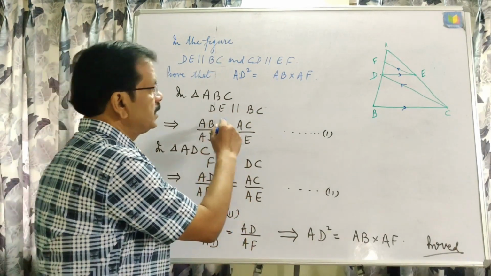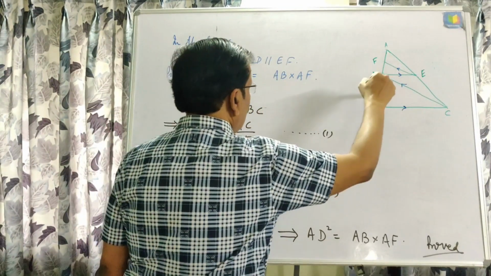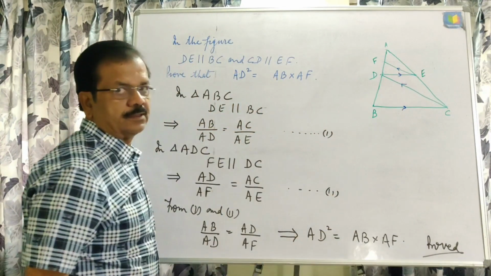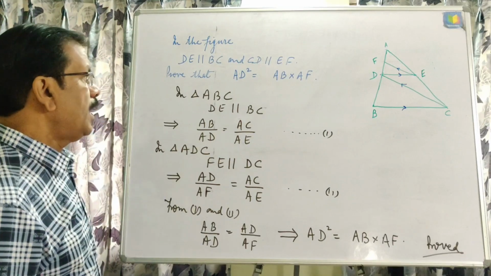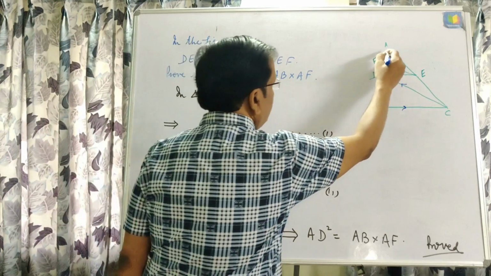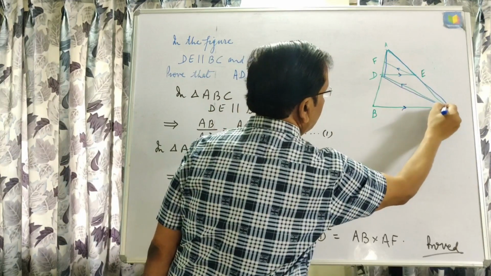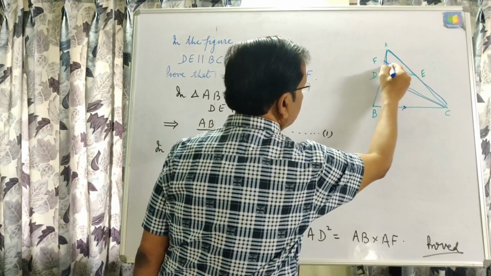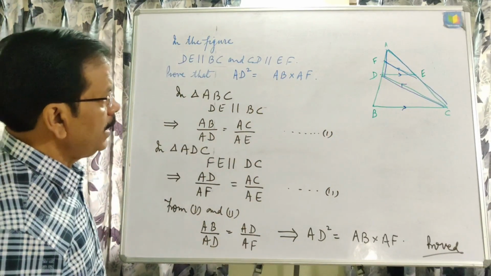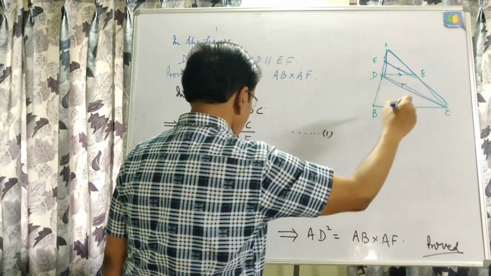Now again, applying the basic proportionality theorem in triangle ABC, AB upon AD is equal to AC upon AE. First equation. Again applying the basic proportionality theorem in this triangle ADC, in this triangle you can see that this line is parallel. So according to that, AD upon AF is equal to AC upon AE.